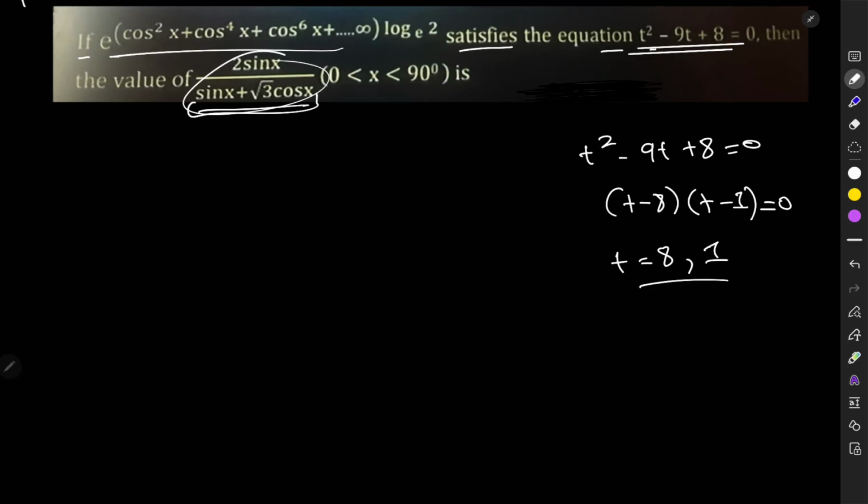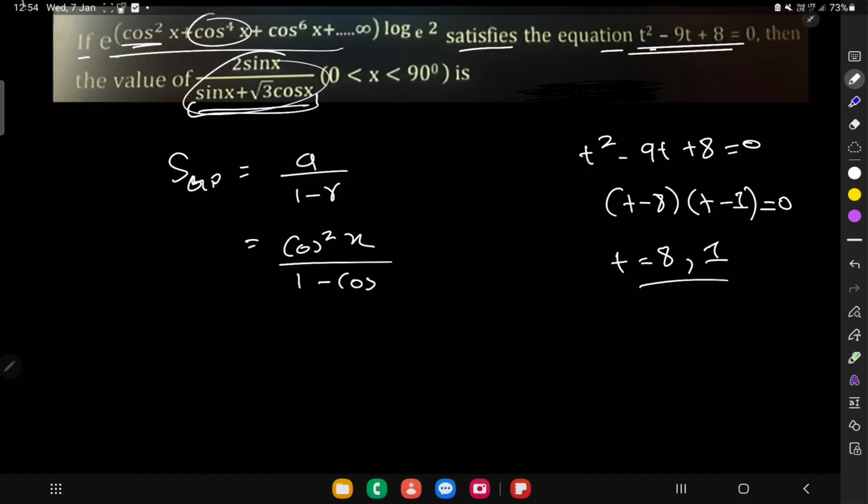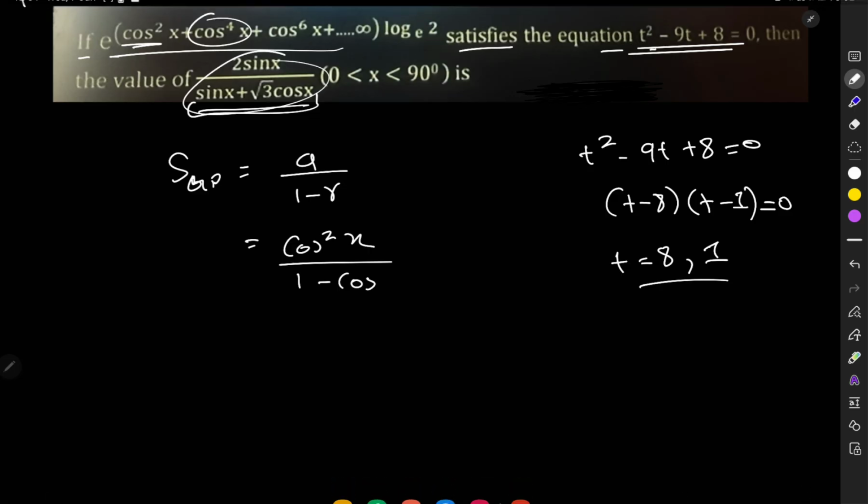So the sum of infinite GP formula is a by 1 minus r, if you remember, right? So what is a here? The first term, cos square x, and for the ratio, the ratio of the second term and the first term, cos square x, right?